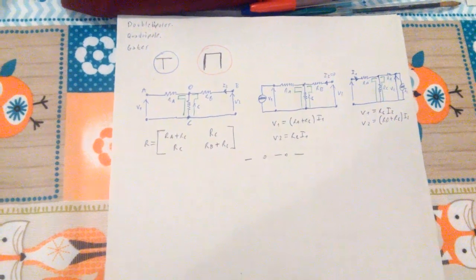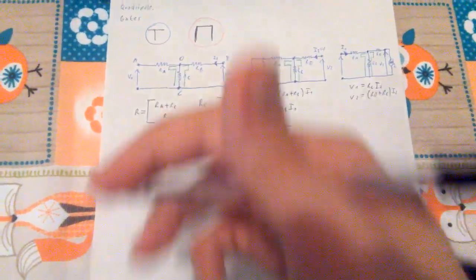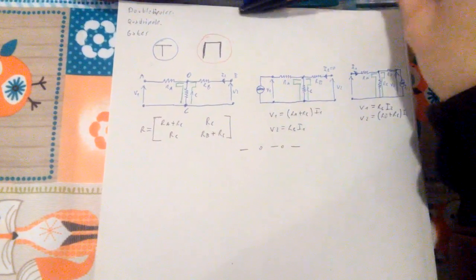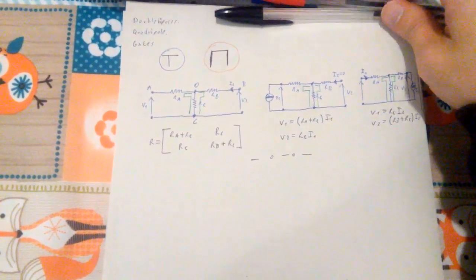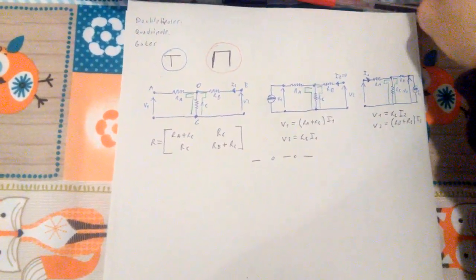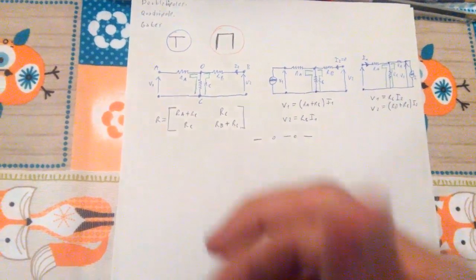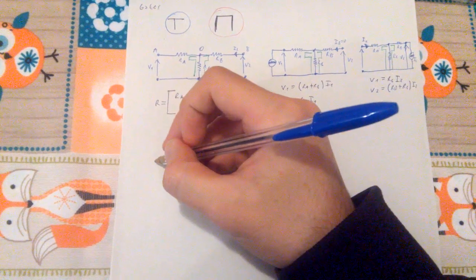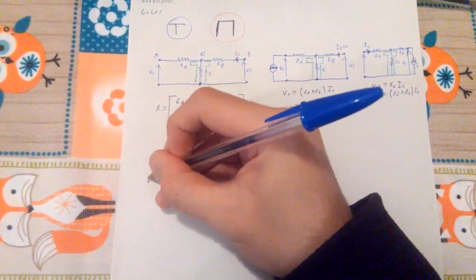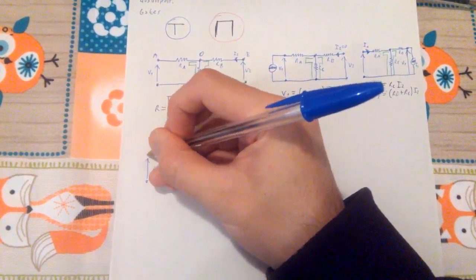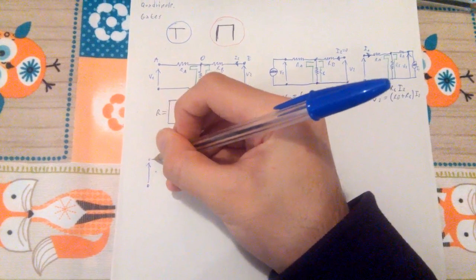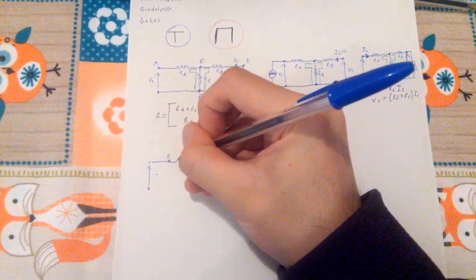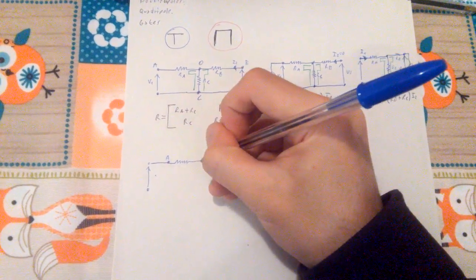And if we have double bipoles expressed in that configuration, then I think you already figured it out, but I would have this, and I'm going to call this A. I'm going to have a resistance here.